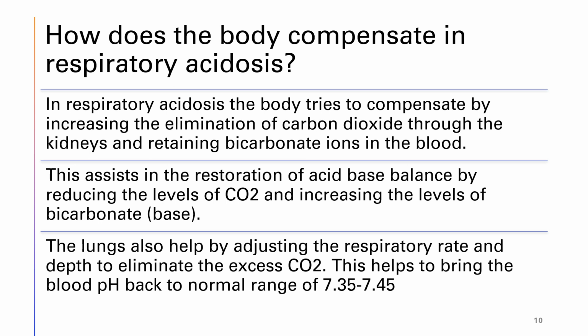The lungs also help by adjusting the respiratory rate and the depth to eliminate excess CO2. This helps bring the blood pH back to normal, which the normal we already talked about is 7.35 to 7.45.